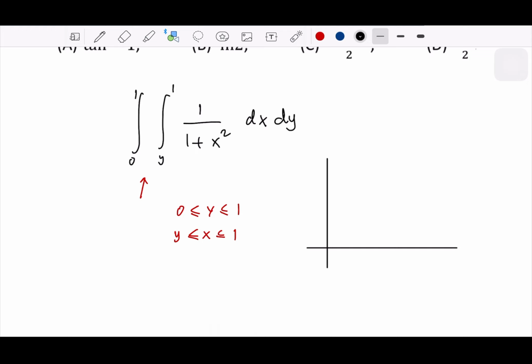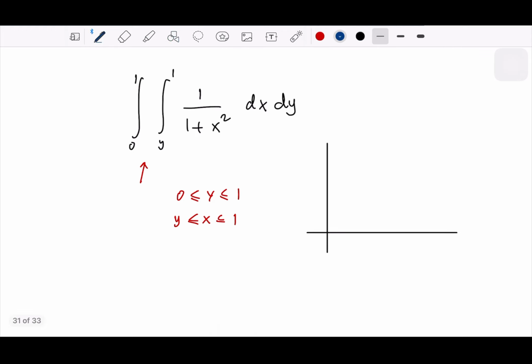So if we write down a sketch, we could have this is 1, this is 1, okay. Let's say this is y equal x. So we could have the y from here, and then for x, it starts from y to 1. So this is our area, right?